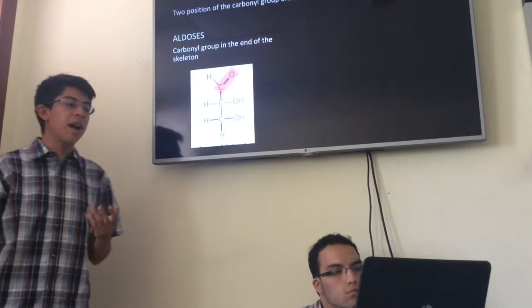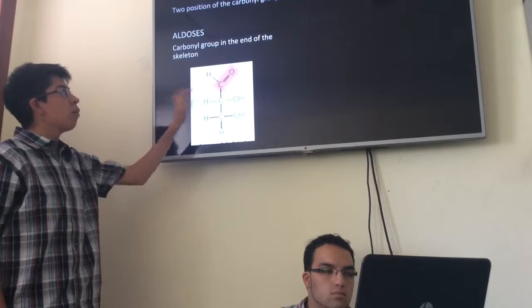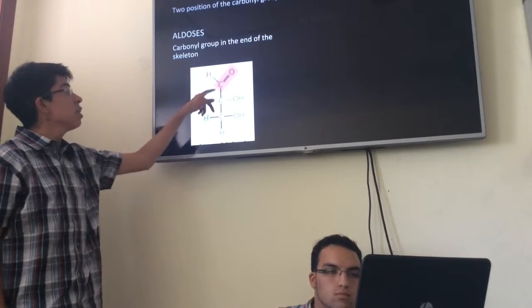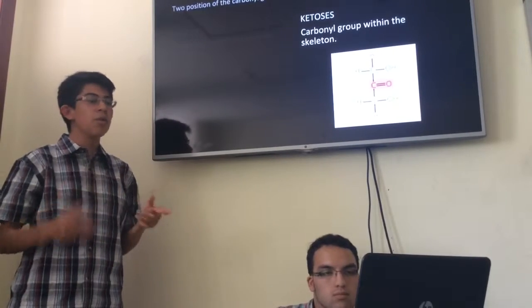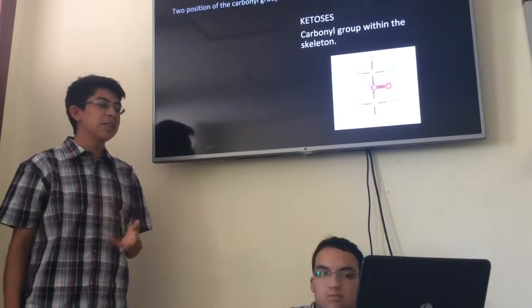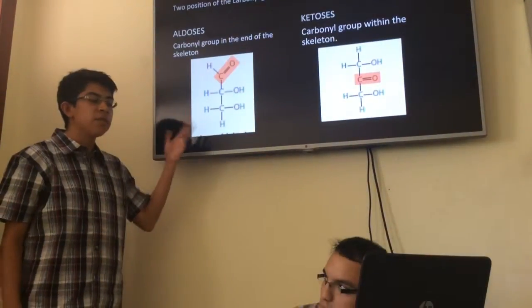The aldoses have a carbonyl group at the end of the skeleton, and the ketoses have a carbonyl group in the second carbon of the skeleton. So that is the difference between aldoses and ketoses.